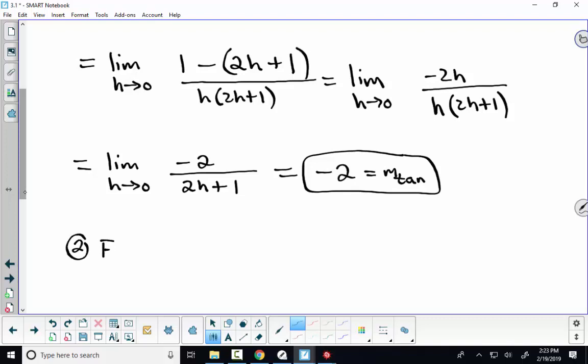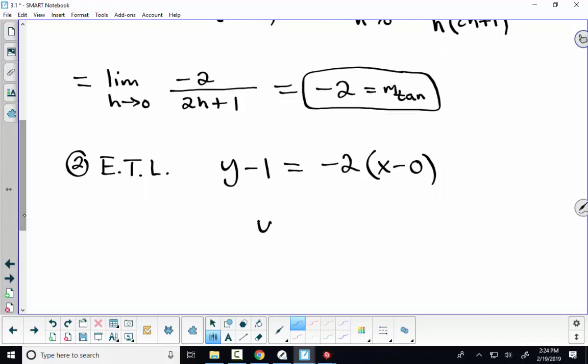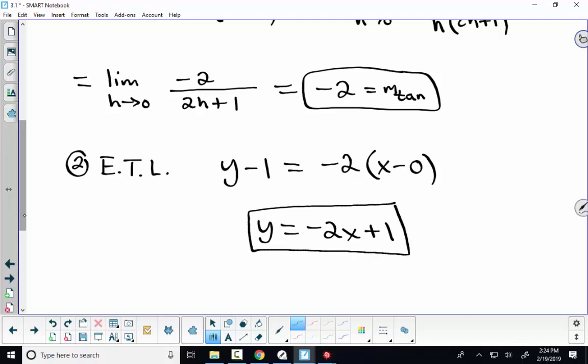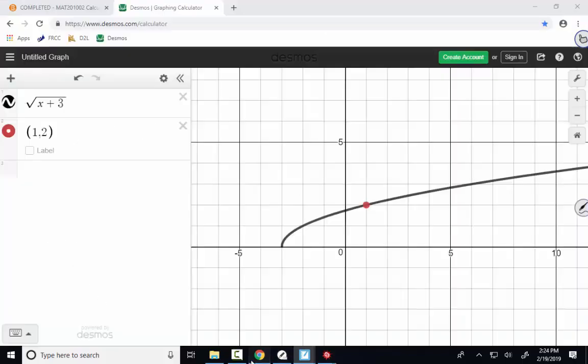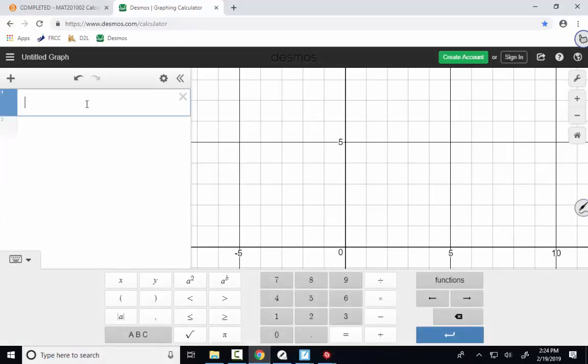And the equation of the tangent line: we have y minus the y coordinate equals the slope, negative 2, times x minus the x coordinate. Or in other words, it's y equals minus 2x plus 1. So let me just put this here.